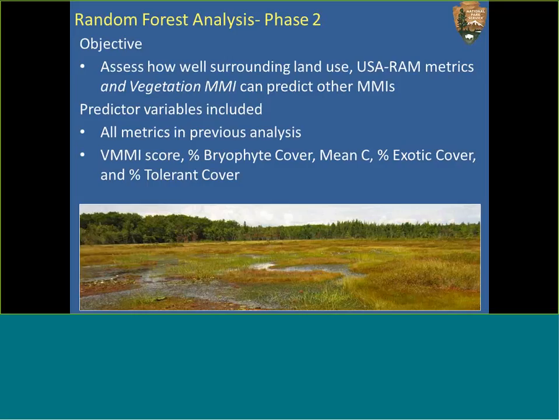The reason I did this is that vegetation data are really easy for our program to collect. That's why we're doing it at the 40 rapid assessment sites. So I wanted to see how well just collecting vegetation data and land use and USA RAM metrics could predict the other multimetric indicators of soil, algae, and water.